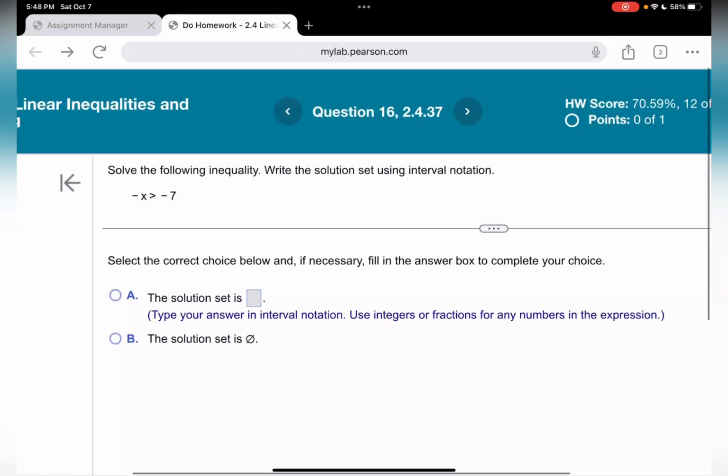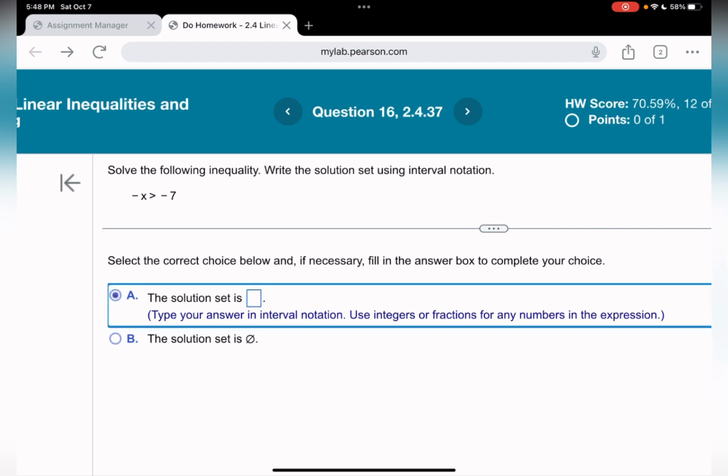Number 16. Okay, the same way, here we divide by negative 1, right? So it's going to be x is less than positive 7, because dividing by negative 1 gives positive x. The sign will flip, less than. And negative 7 divided by negative 1 is positive 7.